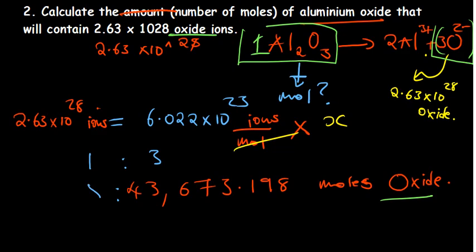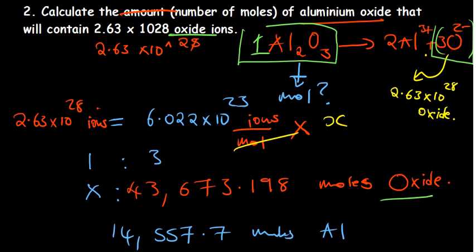So here, what are we going to find? If you cross multiply, you end up dividing by a 3. So dividing by 3, the answer I'm getting is 14,557.0.7 moles of aluminium oxide.